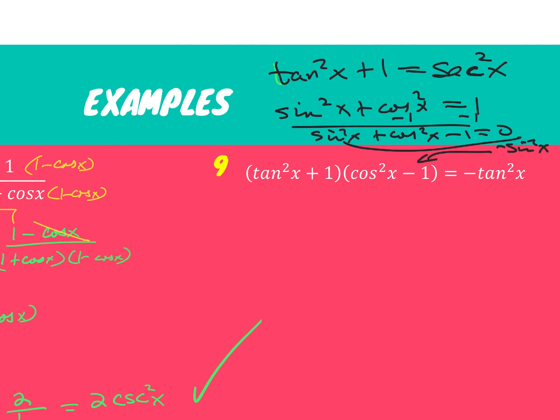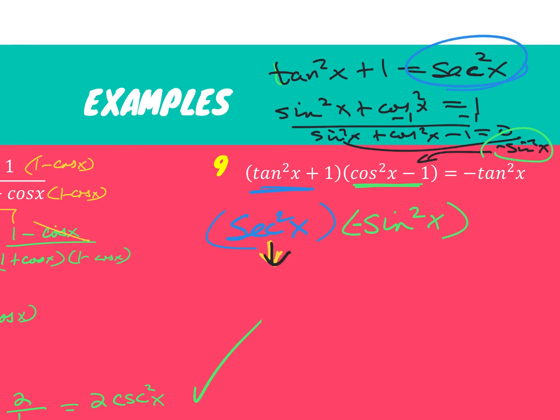So the first one, I'm replacing this with secant squared x. And then I'm replacing this one with negative sine squared x. Next, what I'm going to do is turn the blue one into its reciprocal. Let me switch maybe to yellow. Does that show up better? Or even black?